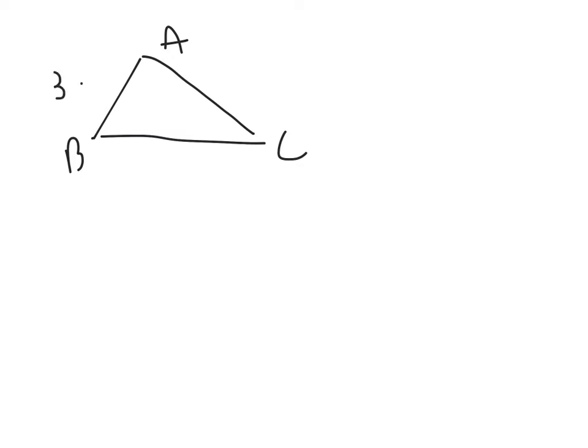So question 27 on Mathswatch had a triangle that looked like this, and this was B, and this was A, and this was C, and this side was 3x minus 4, and this side was 2x plus 12, and this side was 7x minus 2.